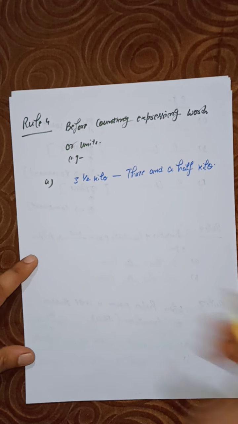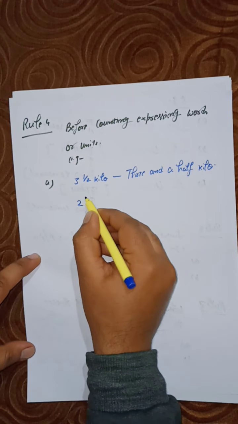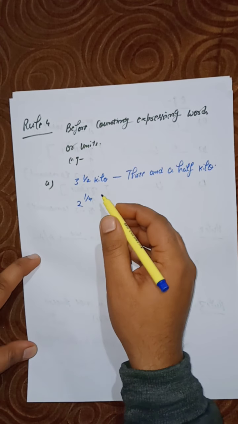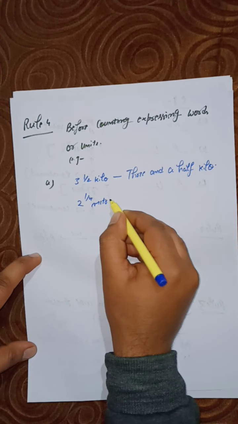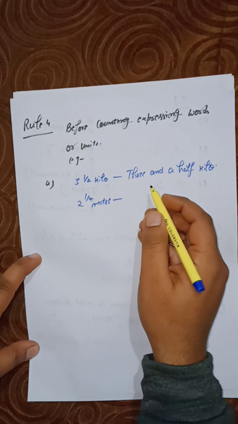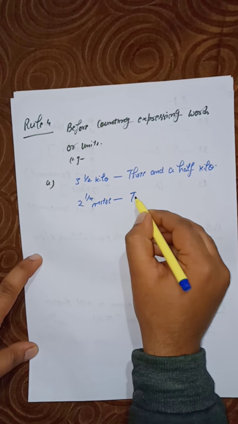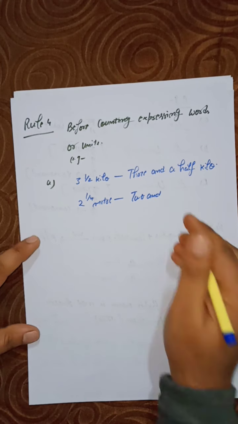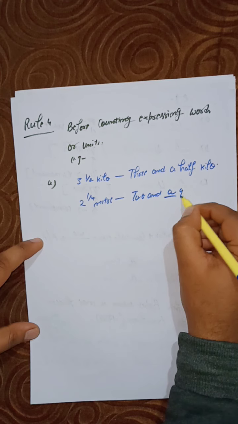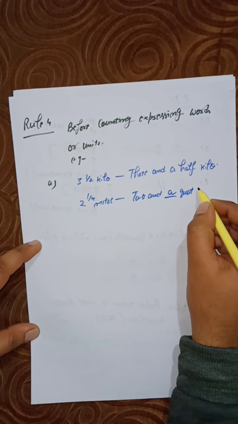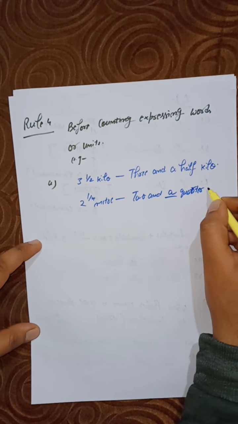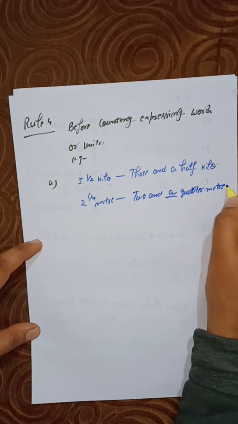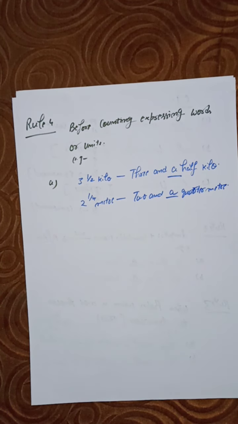One more example: two and a quarter meter. How can we use an article here also? Two and a quarter meter. So this is rule number four.